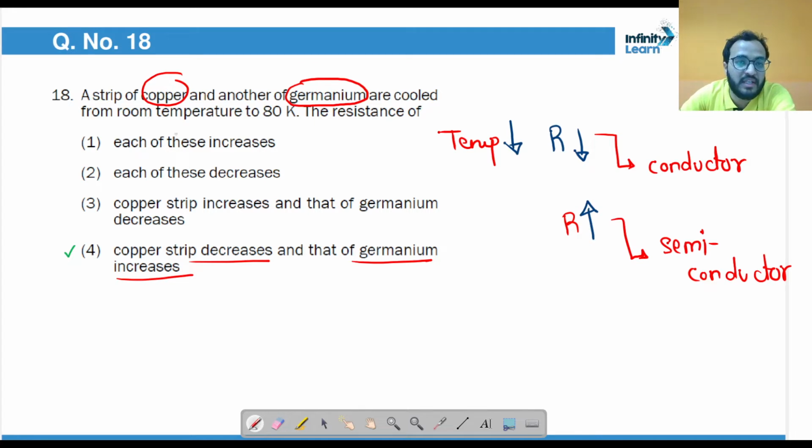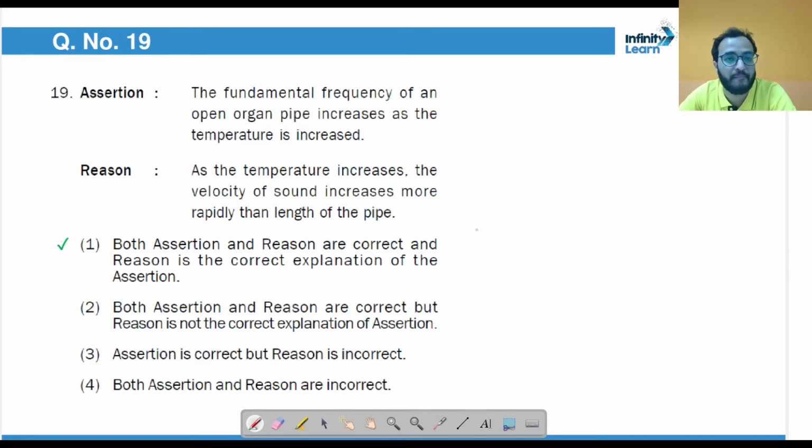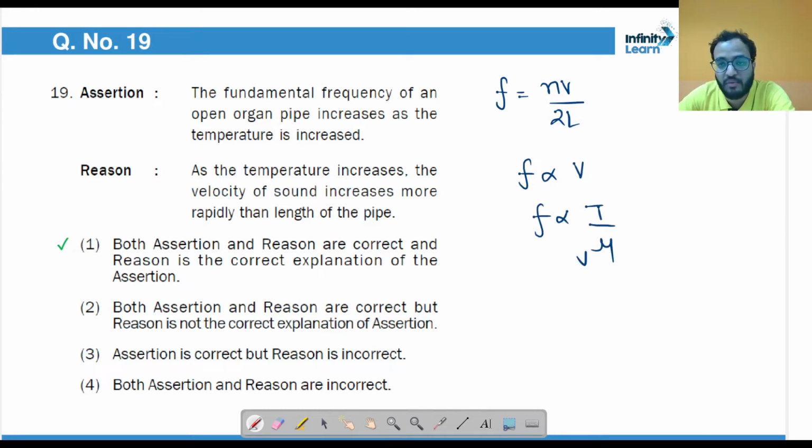So copper is a conductor. On reducing temperature, its resistance decreases. Germanium is a semiconductor. Its resistance increases. Got it? Now, the fundamental frequency of an open organ pipe increases as the temperature is increased. See, frequency is equal to nV by 2L, or it is directly proportional to V, which is directly proportional to root over T by mu.